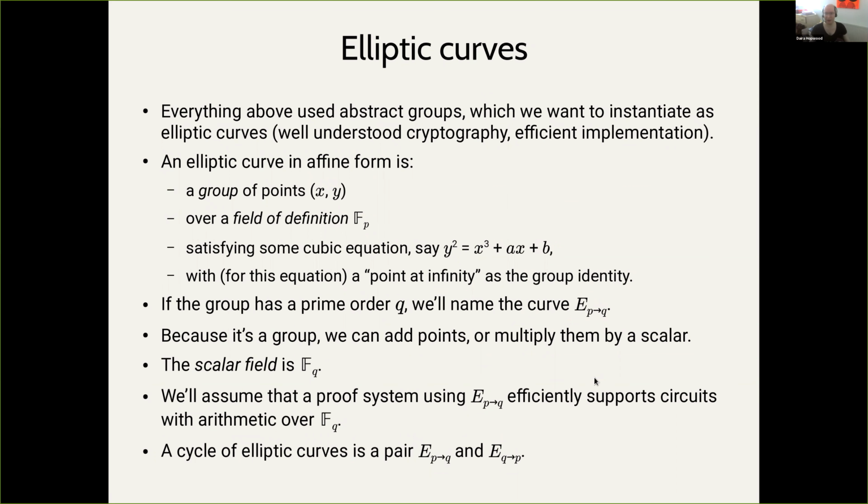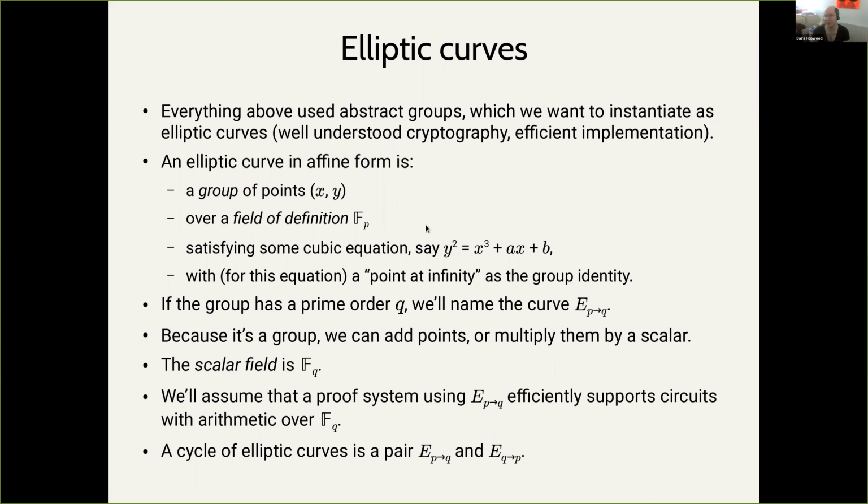So what we want to do now, up to now, we've just been talking about abstract groups and fields without saying what they are. Well, our fields have been over a prime. That's all we've specified so far. But we actually want to implement them using elliptic curves because that's really well understood cryptography, and we know how to implement elliptic curves efficiently. So what is an elliptic curve? It's a group of points. Each of these coordinates is in our field FP.